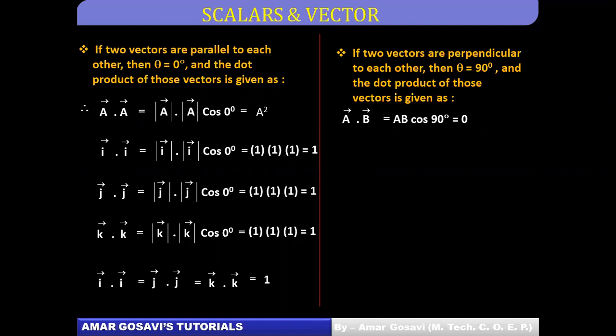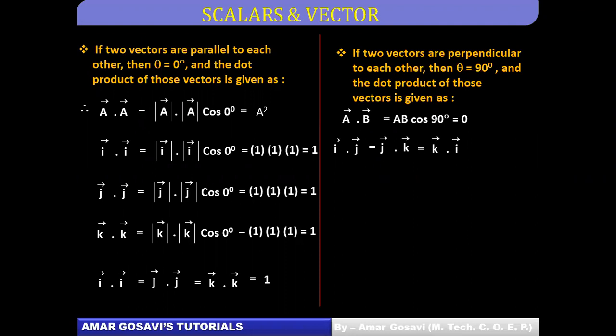Now, if you try to imagine i, j, and k, which are the unit vectors along the X, Y, and Z axes, the angle between the X and Y axes is 90, Y and Z is 90, X and Z is 90. So the angle between i, j, k is 90, and they are perpendicular to each other. So let's see what the situation says. i dot j, as per our definition, involves the magnitudes of j cap and k cap.